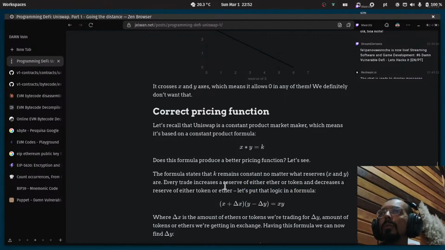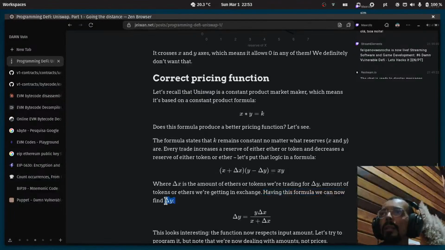So the logic in the formula is x plus delta x, that's the delta, right? The delta x multiplied by y minus delta y equals xy, where delta x is the amount of ether or tokens we are trading in, and delta y is the amount of tokens or ether we are getting in exchange. Having this formula, we can now find these.